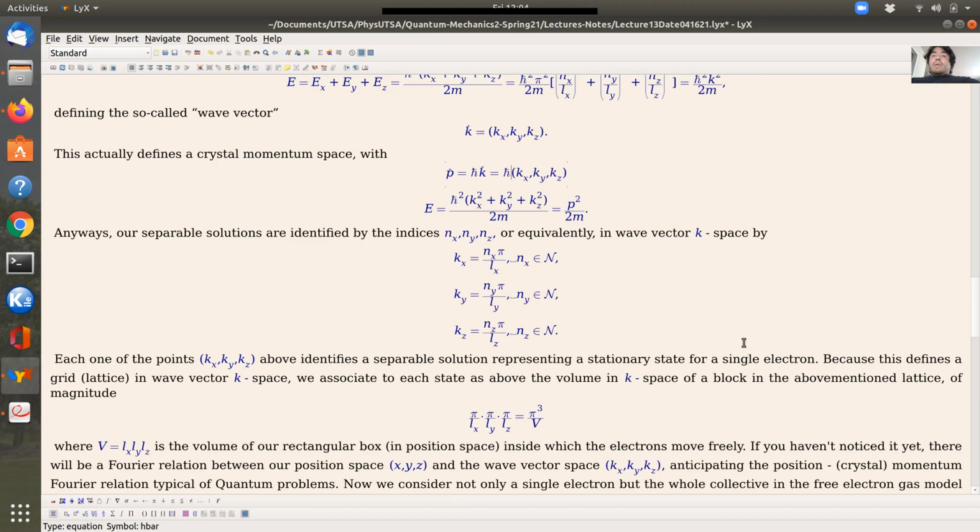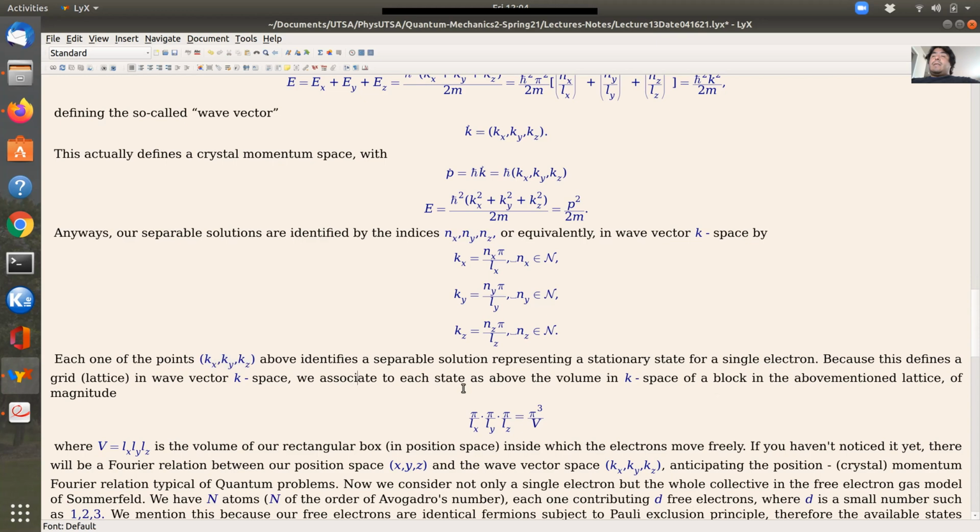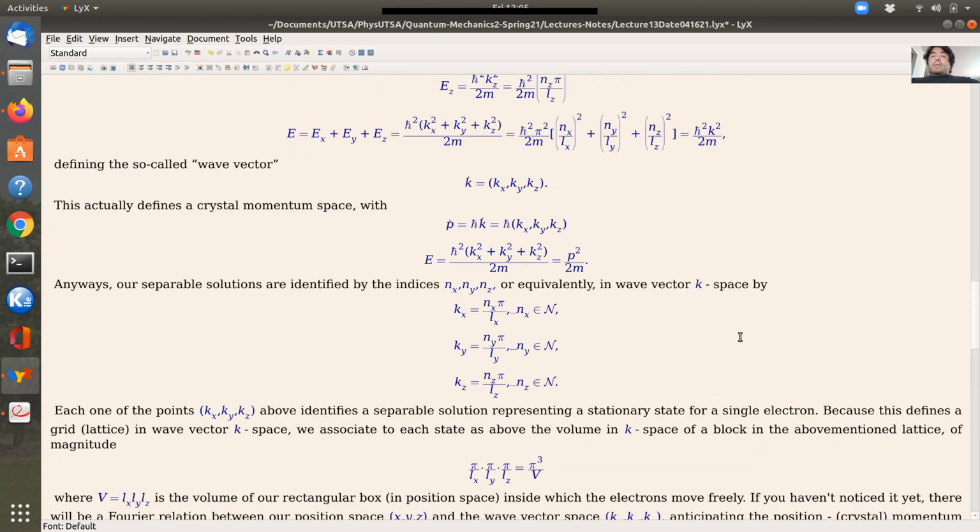And the important point is that our separable solutions are identified by the numbers nx, ny and nz, or equivalently by the points kx, ky, and kz in the momentum space. So each one of these points is giving you a separable solution. So basically, the solutions define a grid or a lattice in the wave vector k space.